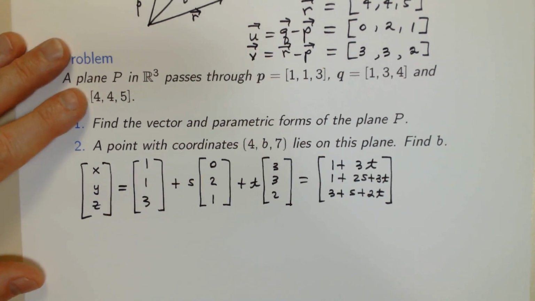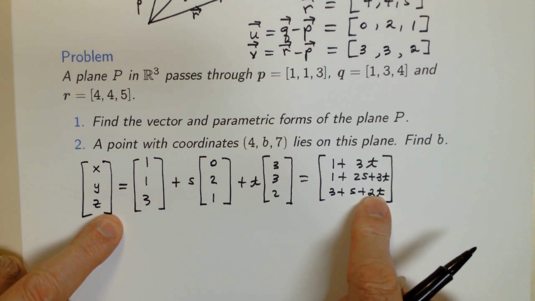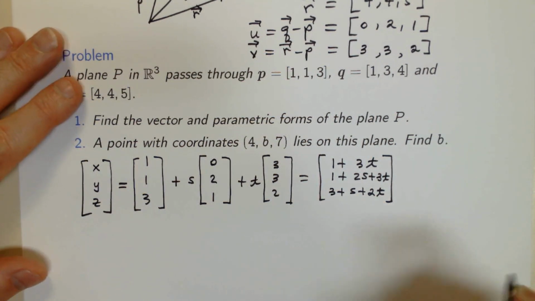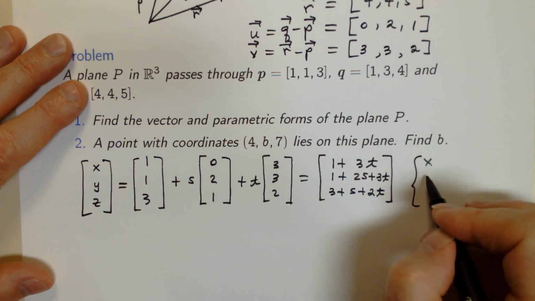And there's the vector form. I would think of either one of these as the vector form of the plane. And in parametric form, it would just be a matter of listing these out component by component.